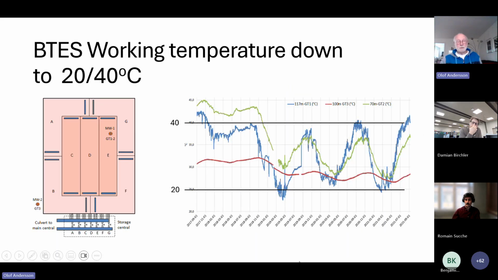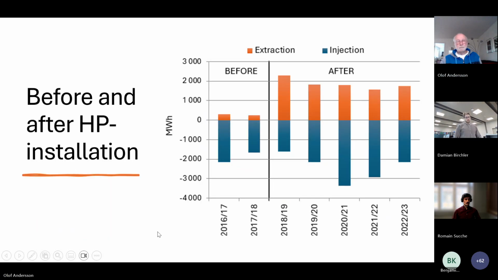And what happened was when we extracted so much heat again, the working temperature was down to 20 to 40. So before and after heat pump installation, we extracted a lot of energy from the store. So this is pretty good in balance. This was the 2 years prior, before the heat pump.